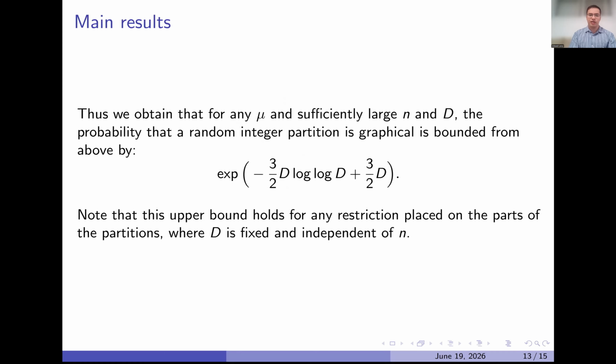But note that this theorem holds only for sufficiently large Durfee square side lengths, and we demand that d and n are independent of each other.